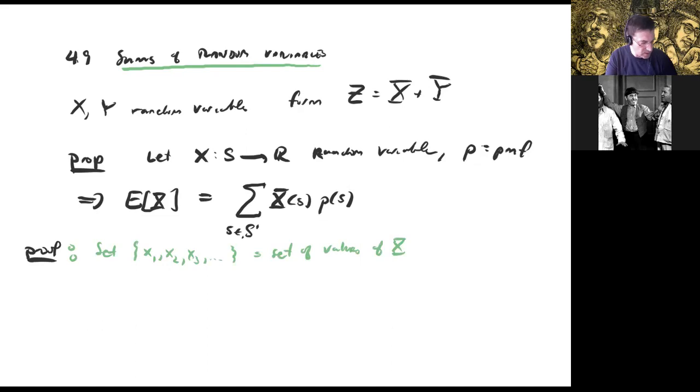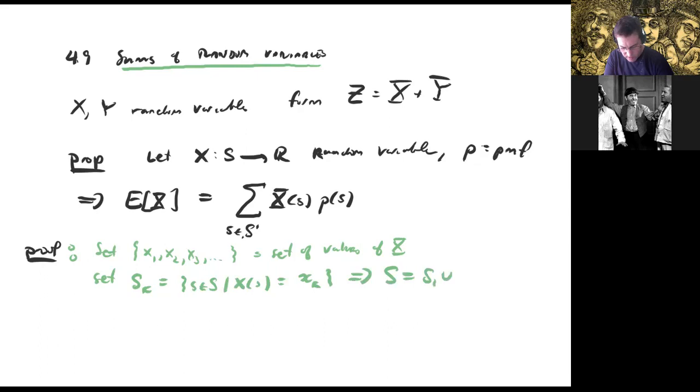So that's a subset of the real line. And let's set, for each index k, S sub k to be the set of all s in S such that X(s) is equal to the value x sub k. Then we've partitioned S into S1, S2, S3, and so on. These are all pairwise disjoint events.